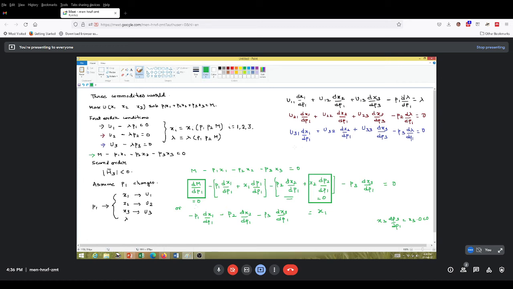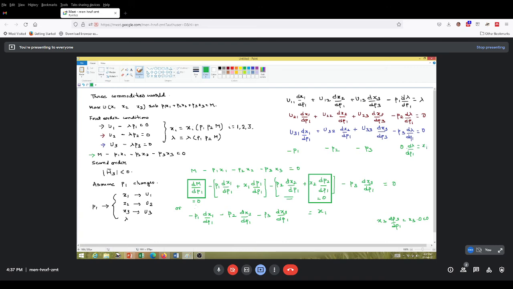Okay, so what I get is minus P1 minus P2 minus P3. Here I don't get any d lambda by dP1, so the coefficient is basically 0 over here. So let me write this.